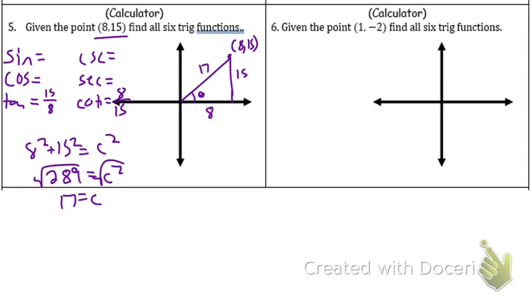With respect to theta, we have opposite over hypotenuse, so the opposite side is 15, so that would be 15 over 17. The cosecant, the reciprocal, is just flipping those. And the cosine is adjacent over hypotenuse, so 8 over 15. The reciprocal secant is 15 over 8.